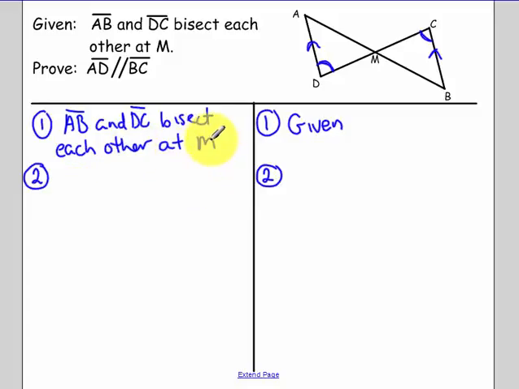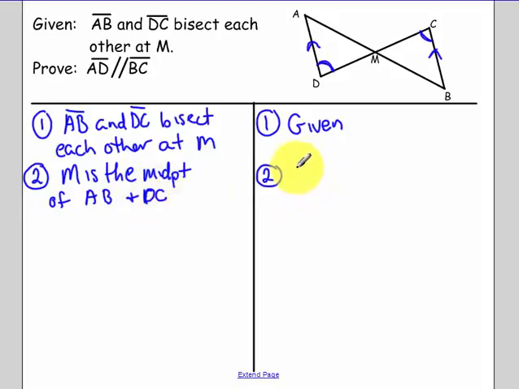So if we bisect, that means that M is the midpoint of AB and DC. And that's by the definition of a segment bisector.